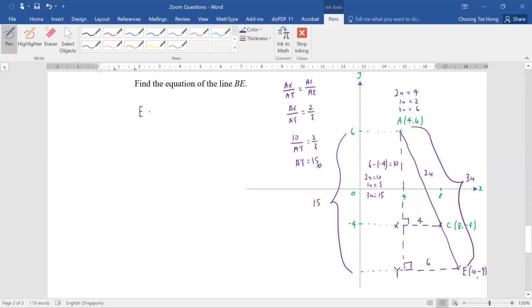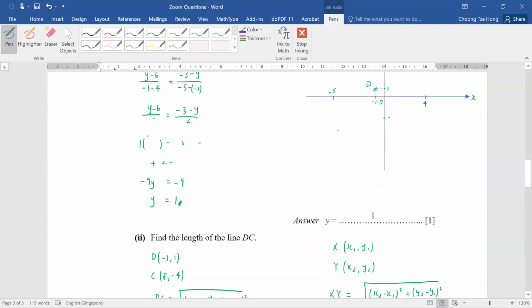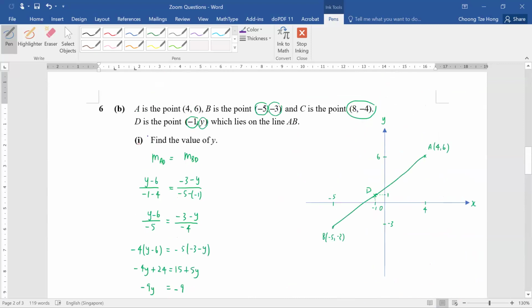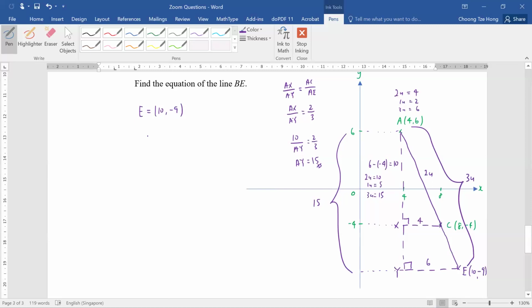Then from here it should be quite easy to find the equation of the line BE. So with E at 10, -9, let's find the gradient of BE first. If you recall, the coordinates of B are -5, -3.